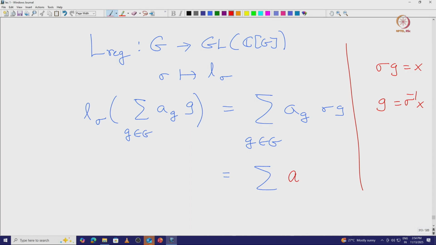So this is exactly equal to the summation of a_(sigma inverse x) x, x in G. This is the image of the element summation a_g g under L sigma.